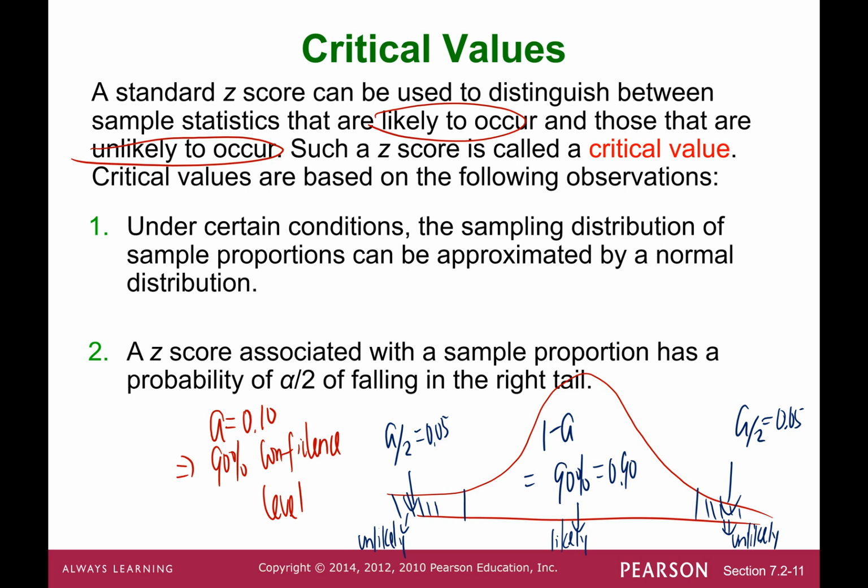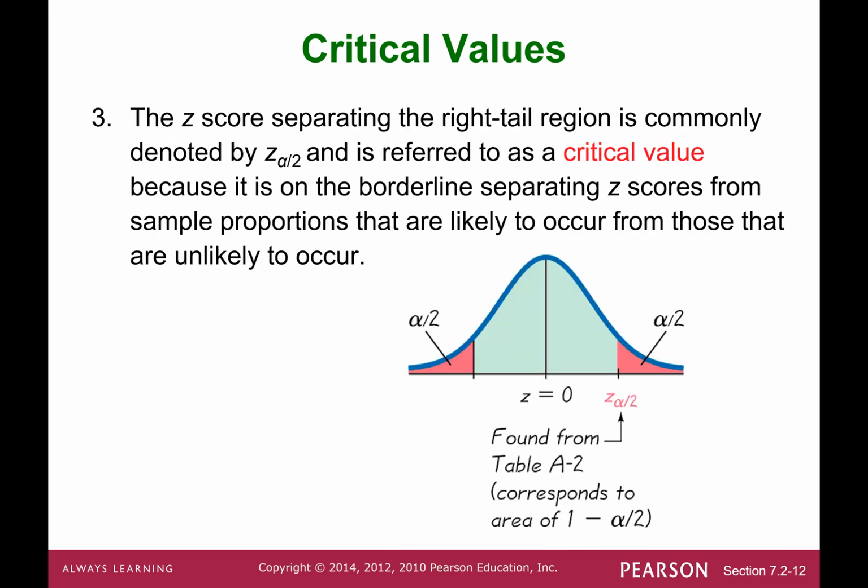Under certain conditions, the sampling distribution of the sample proportion can be approximated by the normal distribution. So we use the normal distribution to approximate whatever distribution is presented. A z-score associated with the sample proportion has a probability alpha over 2 in the right tail and also in the left tail. The z-score separating the right tail region is denoted by z alpha over 2.